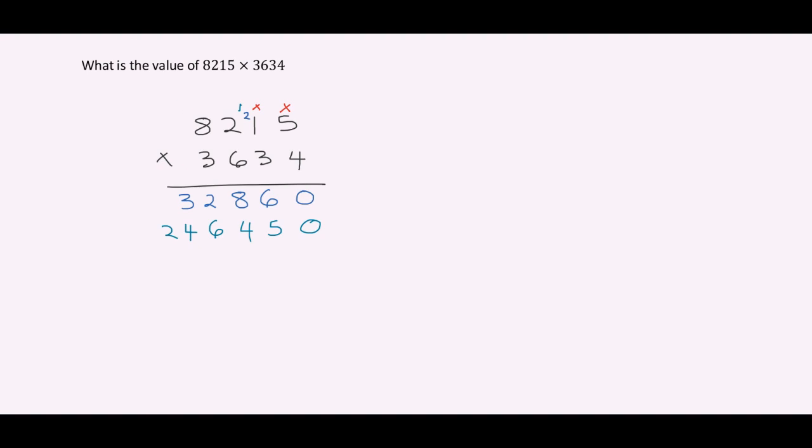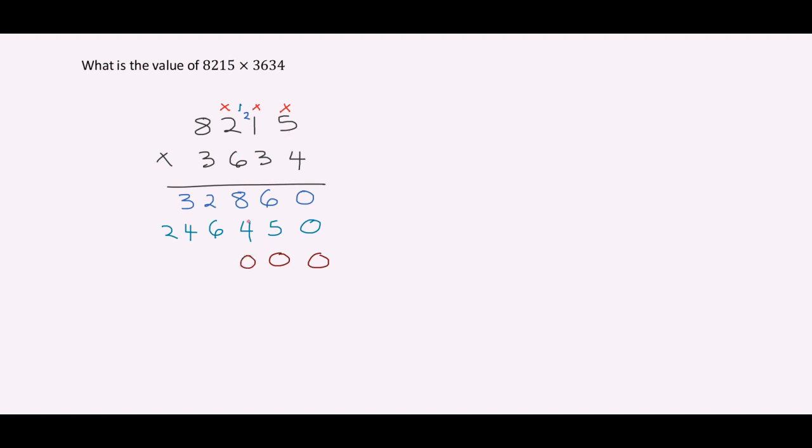Now we switch over to the hundreds position here. So to start that, we will first put 0 in the ones position, tens position, and then we can start multiplying. 5 multiplied by 6, we have 30.